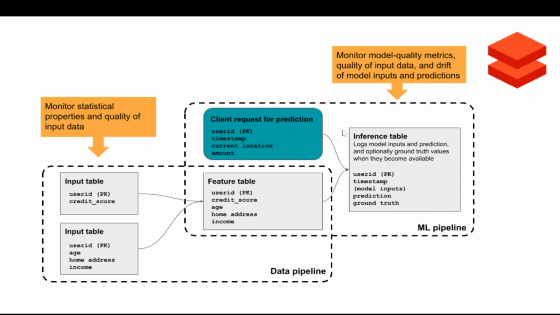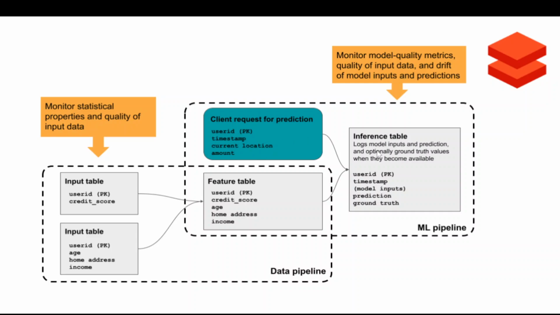Your model runs maybe every week, every day, or every month, depending upon the requirement. It will run multiple times, and every time it runs, you are sending new data to the model for making predictions, and the prediction is stored in the inference table.